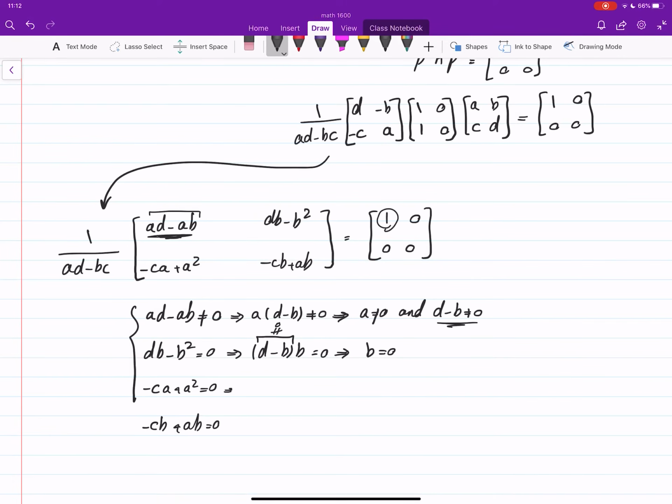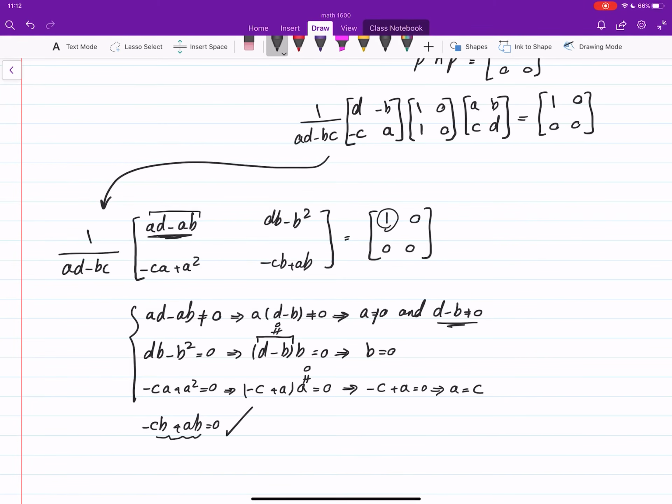We already saw that d minus b cannot be 0. So that implies that b is 0. And from here, we can factor out a. So minus c plus a, times a, is equal to 0. We already know that a is not equal to 0. That will imply that minus c plus a is equal to 0, and that means that a is equal to c. Here, b is already 0, so you multiply two numbers, you get 0, add them, you get 0.